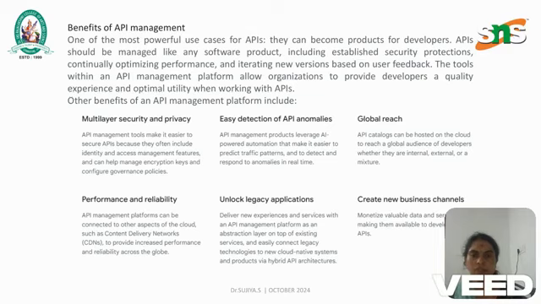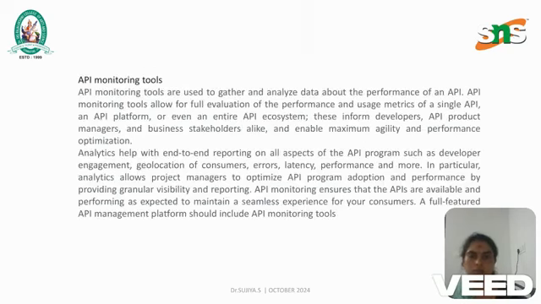The benefits of API management are multi-layered security and privacy, easy detection of API anomalies, global reach, performance and reliability, unlocking legacy applications, and creating new business channels. So these are the basic and essential benefits of API management.